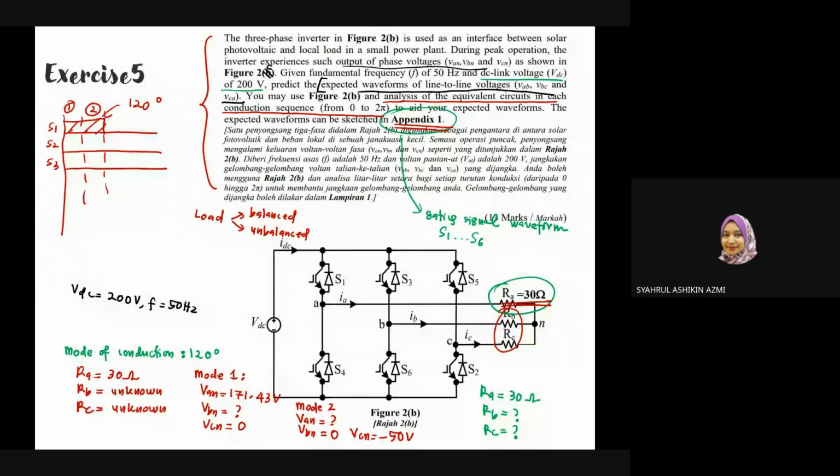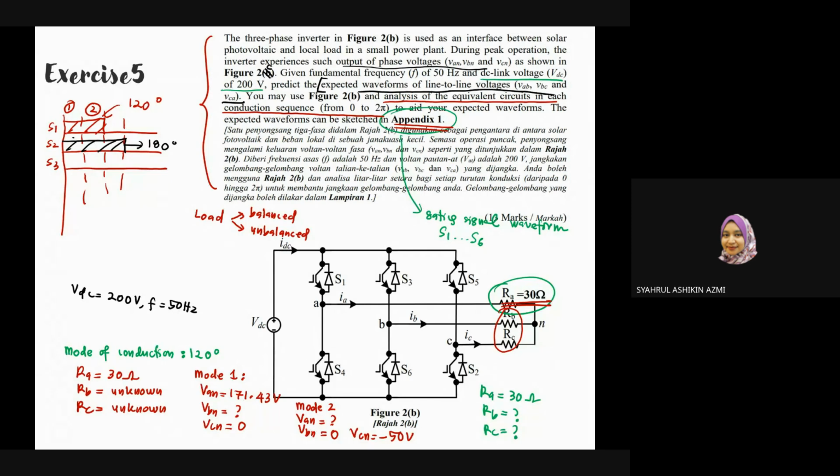In each mode, 2 switches means 120, 3 switches means 180. If it is 180, there will be 3 sections shaded there to indicate that this is 180. So always check. Once you have that information, you are confirmed whether this is 180 or 120, and you can proceed to do your analysis.